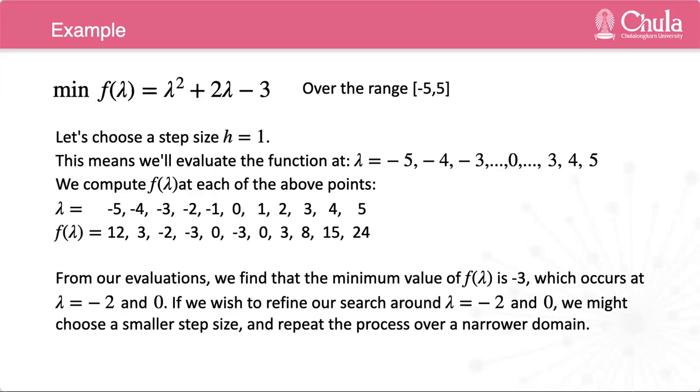You see that in one step, we can eliminate part of the area of interest. Then you repeat the step starting from -2 to 0, and you can narrow down the area of interest.